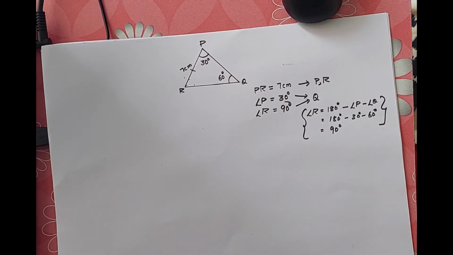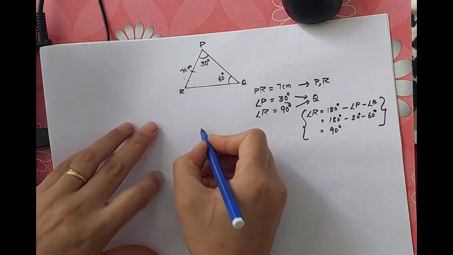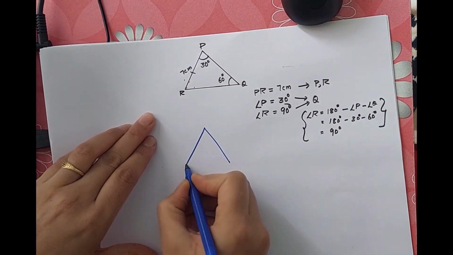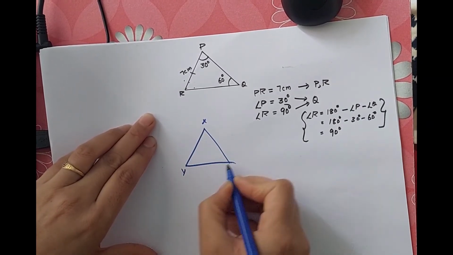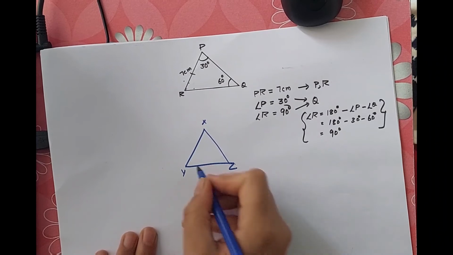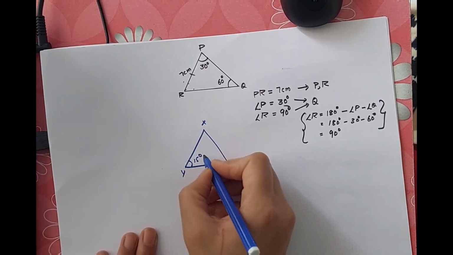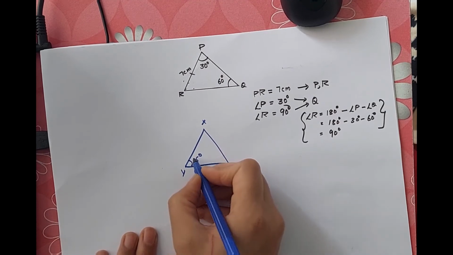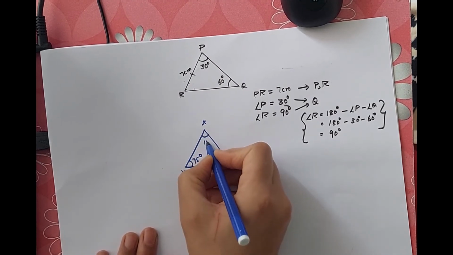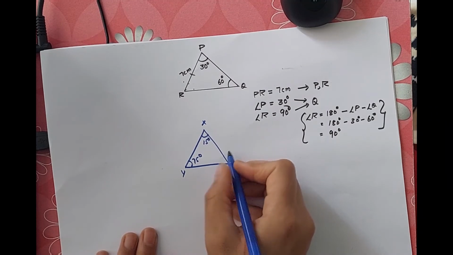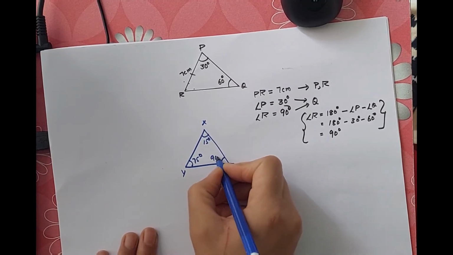Now our next question is, draw a triangle XYZ, where your X is 15 degrees, your Y is 75 degree, and Z is 90 degrees.